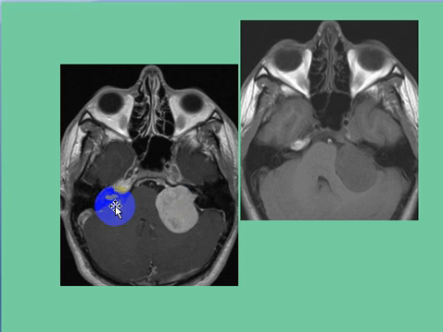Possibly there is also another mass here, enhancing and seen in the right internal auditory canal. With bilateral internal auditory canal masses, you should raise the possibility of neurofibromatosis.